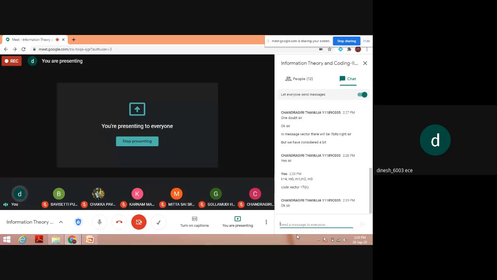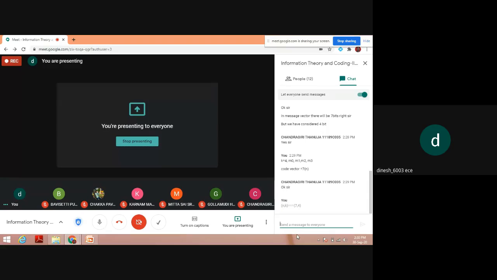And in the given question, it is (n, k). So in resemblance to the problem, it is (7, 4). So what do we get? We get the total length of the code vector as 7, and the number of message bits is 4, and q is equal to n minus k, which is 7 minus 4 is equal to 3.